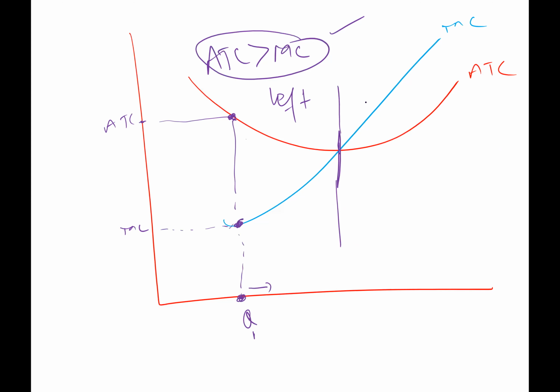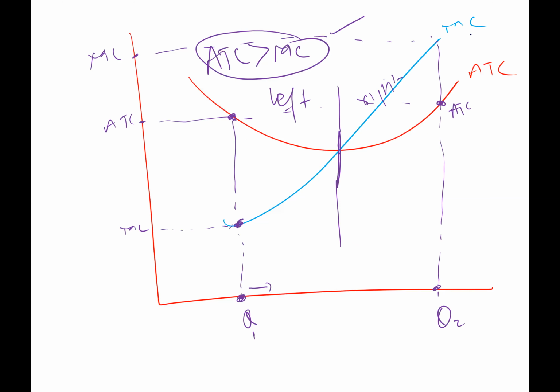Now look at the right side. For example, if you are producing here, Q2. So this is the ATC, and this is the MC. So these are the values.